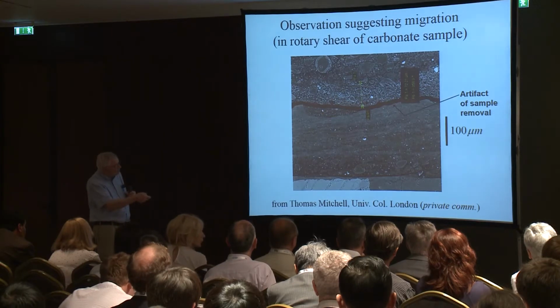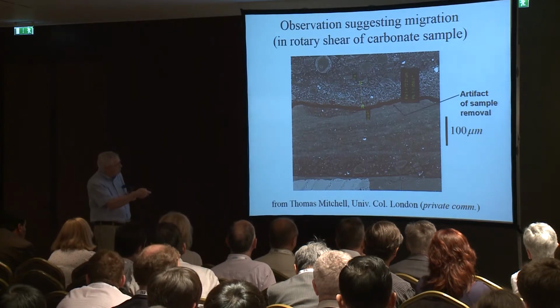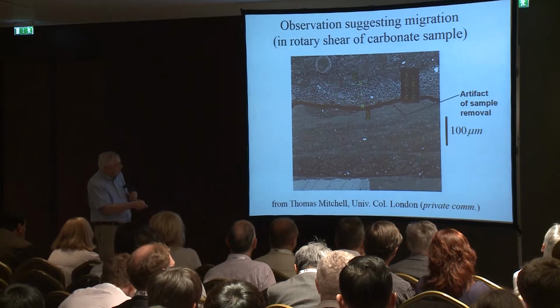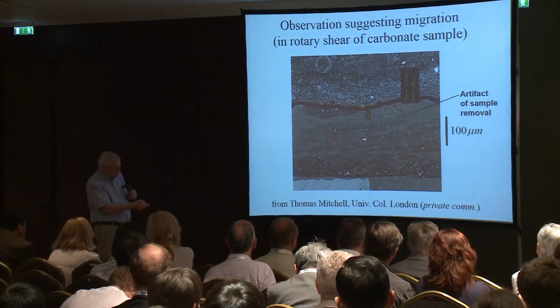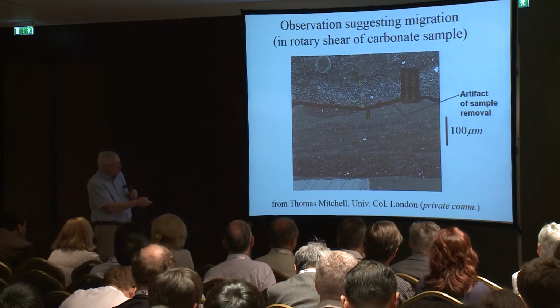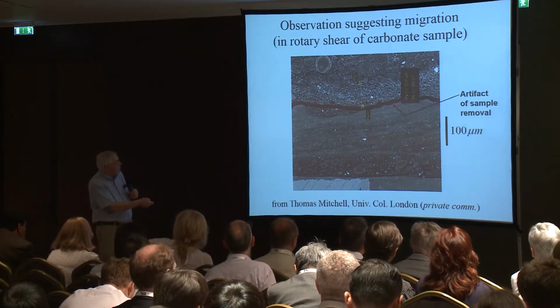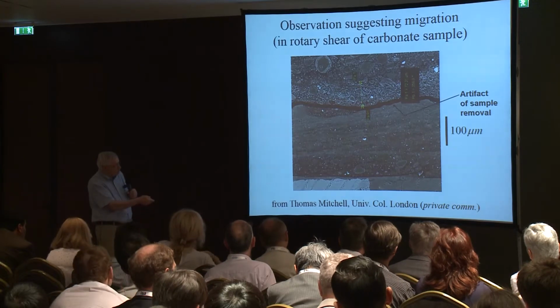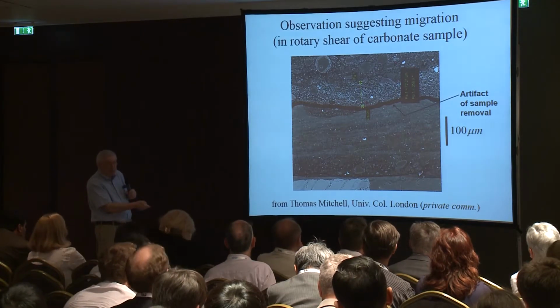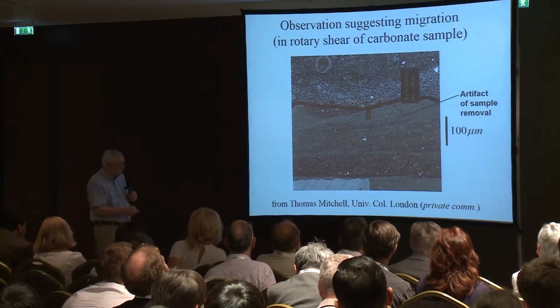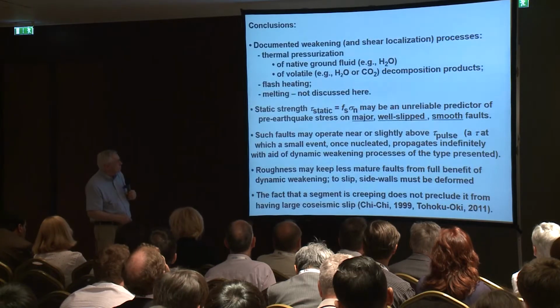He thinks the crack is an artifact of sample removal, but you can see the very localized zone, and you can note the size scale here. That is 100 microns across the thickness of the zone, and I forget the overall thickness of his sample, but it was certainly large compared to 100 microns. So again, you see the severe localization.